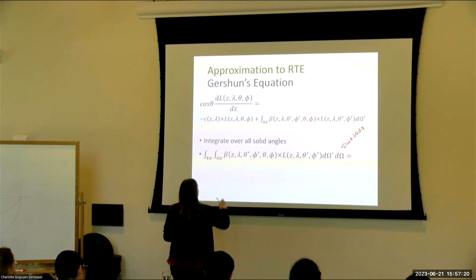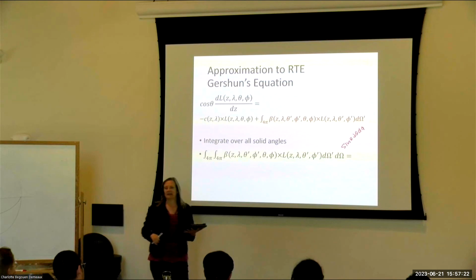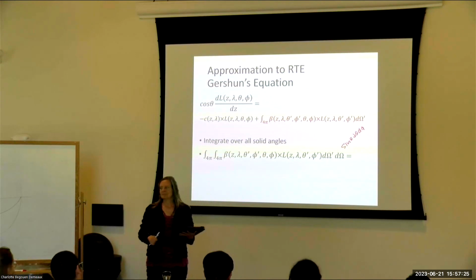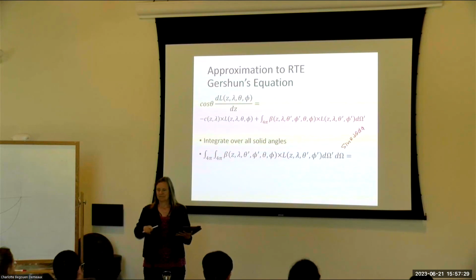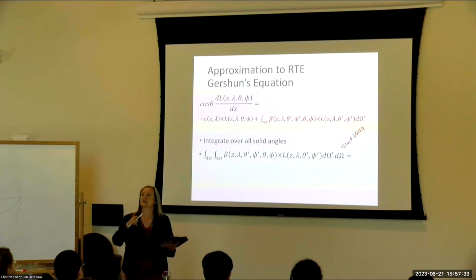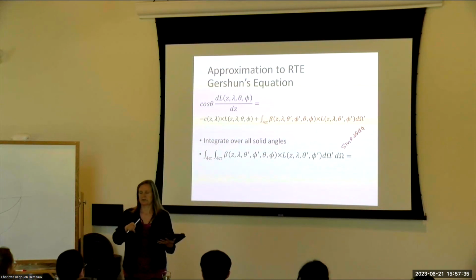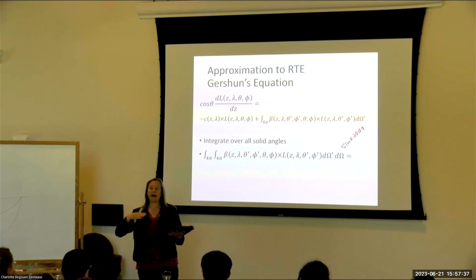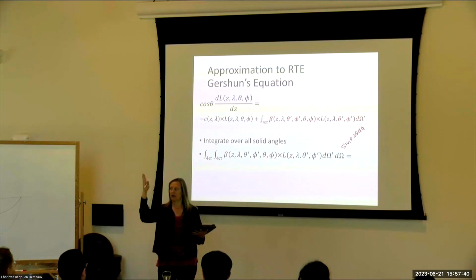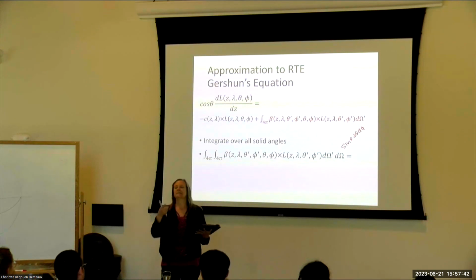And when you integrate volume scattering function over all angles, that's if you integrate the phase function, which is normalized. But if it's the actual value of scattering at every angle, and you integrate it, it's B. Right?